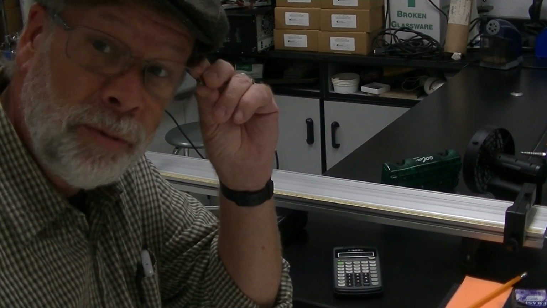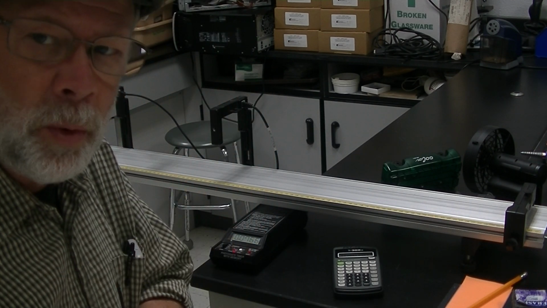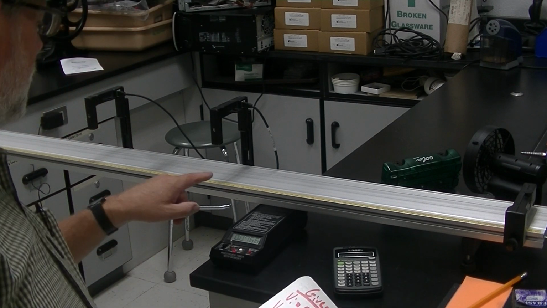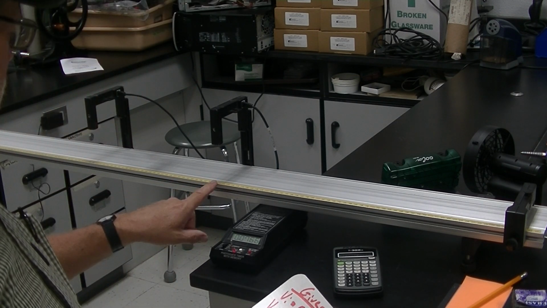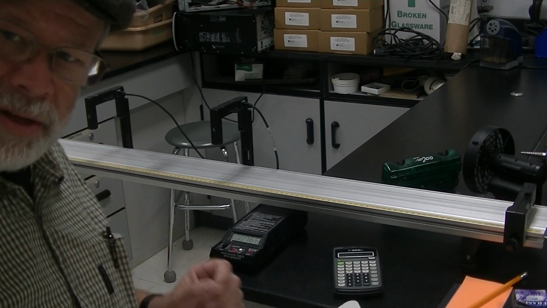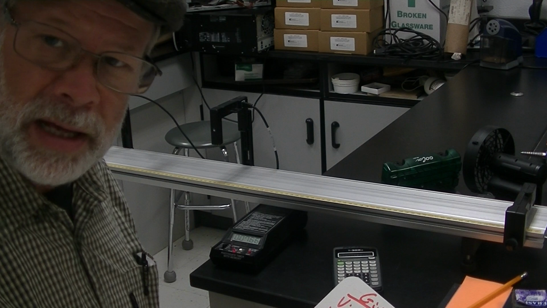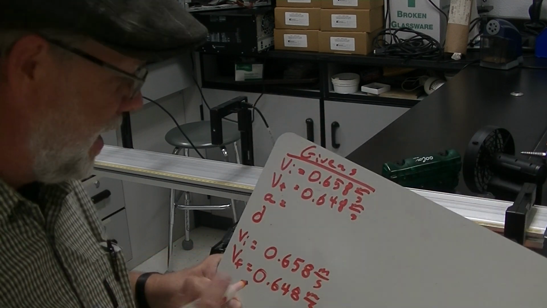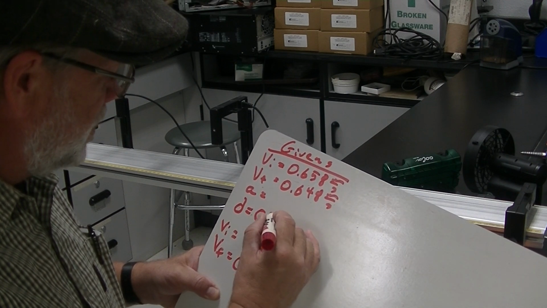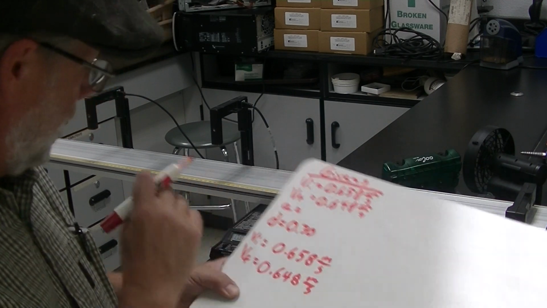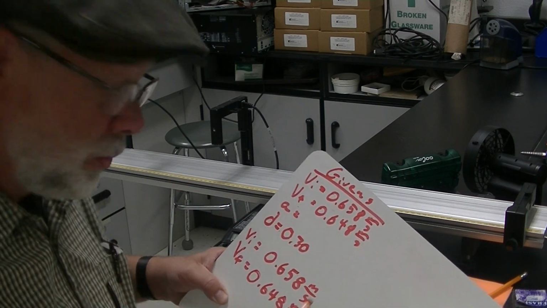And because I cannot repeat this experiment with the same results, I need something else to work with. What else? Well, I have placed the photogates 30 centimeters apart. Because of that, I could say the distance between which these two velocities took place. Well, that's going to be handy. And that distance is 0.30. I did record it to the nearest tenth of a centimeter, so I'm pretty good.